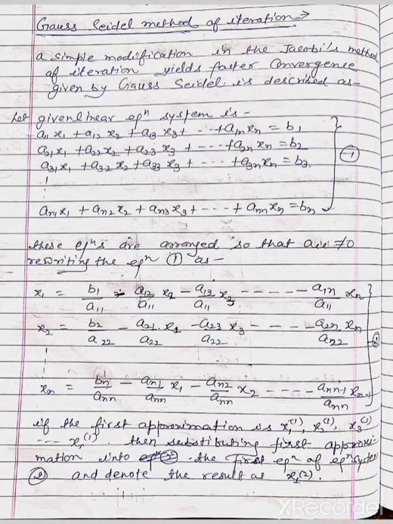For the second approximation we use all first approximated values in the first equation of equation system 2 and denote the result as x1 second approximation. Here superscript 2 represents the second approximation for x1.